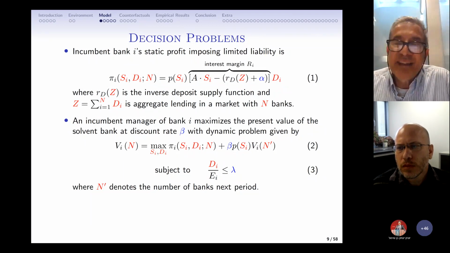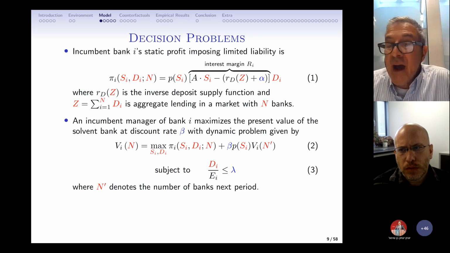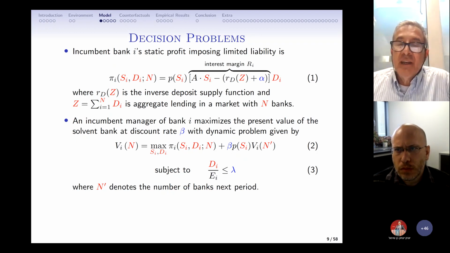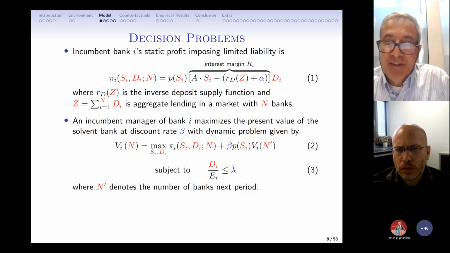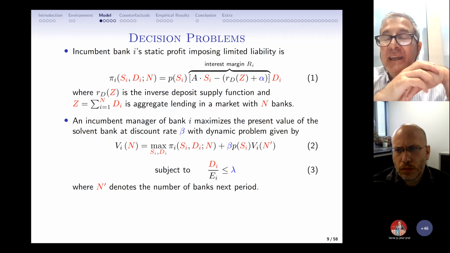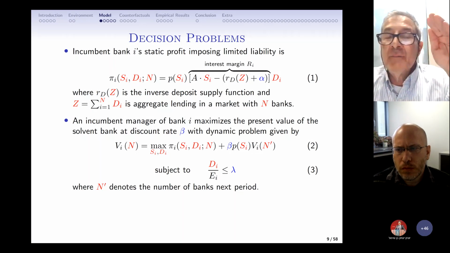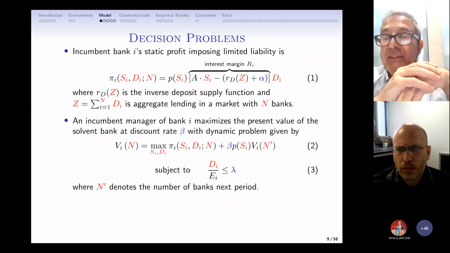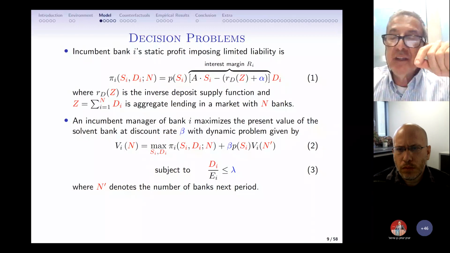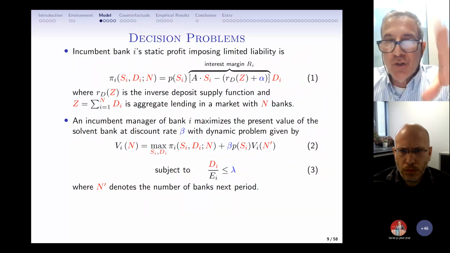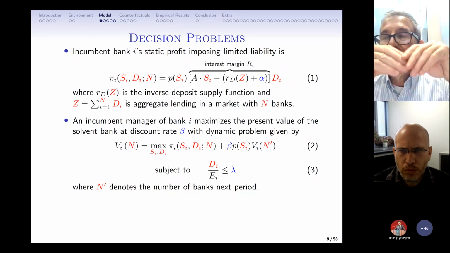I'm going to take it that the policy may actually be able to change beta. So it's not like I'm going to think of this as irrationality. I'm going to think of this as bank managers are more myopic than shareholders. And so what governance, corporate governance, so they want to really focus on maximizing short run profits.